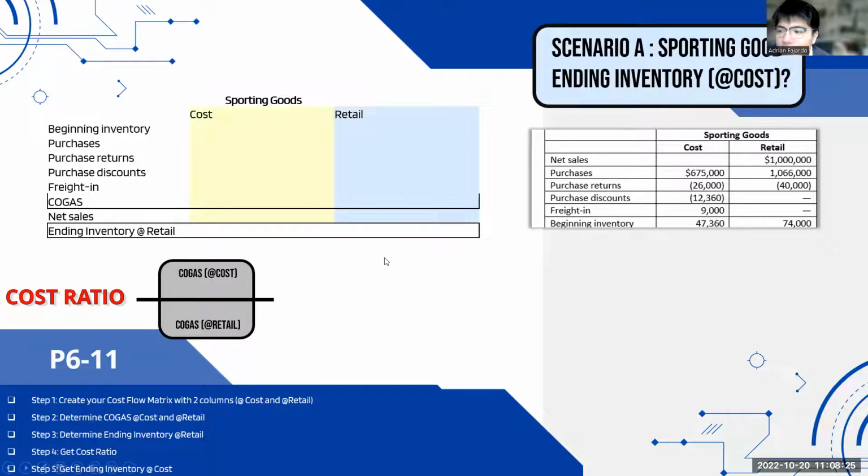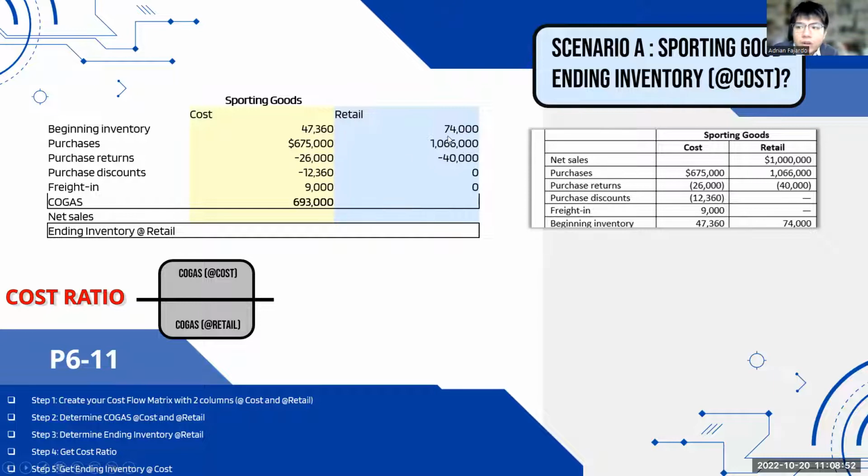So now, may given tayo. Honestly, copy-paste lang to, pero apply it in the proper format. So, get the beginning inventory first, the purchases, the PRAs, and the purchase discount, and then finally the freight in. Now, add all of these together, you'll get your cost of goods available for sale at cost of 693,000.